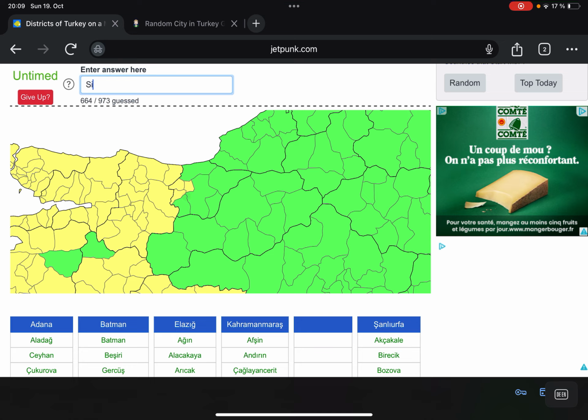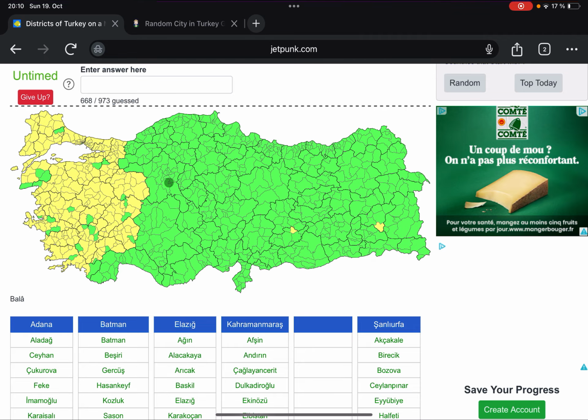Then we have Çilimli. Gümüşova. And this is Cumayeri, I think. Cumayeri. All right. Looking good so far.